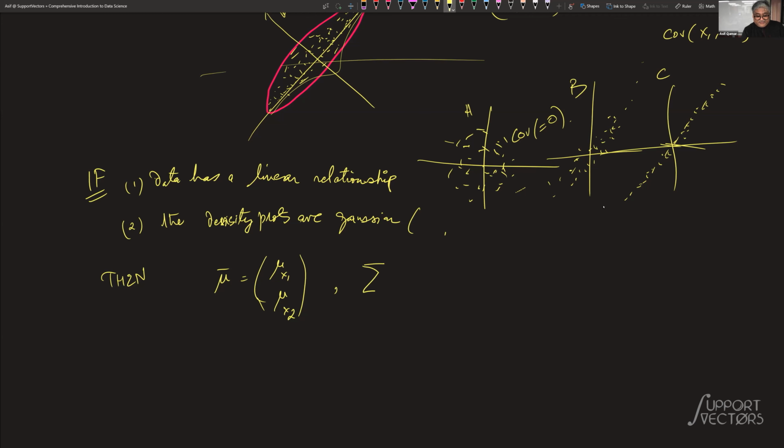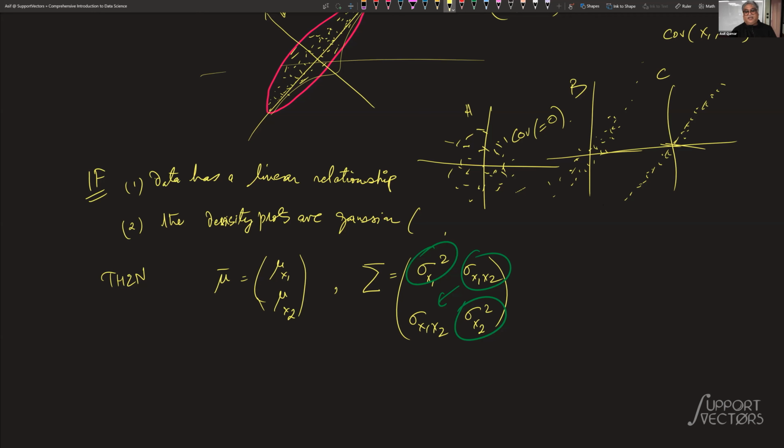In fact, the covariance matrix. If you write sigma as a matrix: sigma x1 squared, sigma x2 squared, sigma x1 x2. Remember, it's a symmetric matrix, because there are only really three things in the matrix, and this is just copied here. But it makes it a nice 2x2 matrix in our particular thing. So there is formally a statement that if these conditions are true, and I think, did I miss a condition?